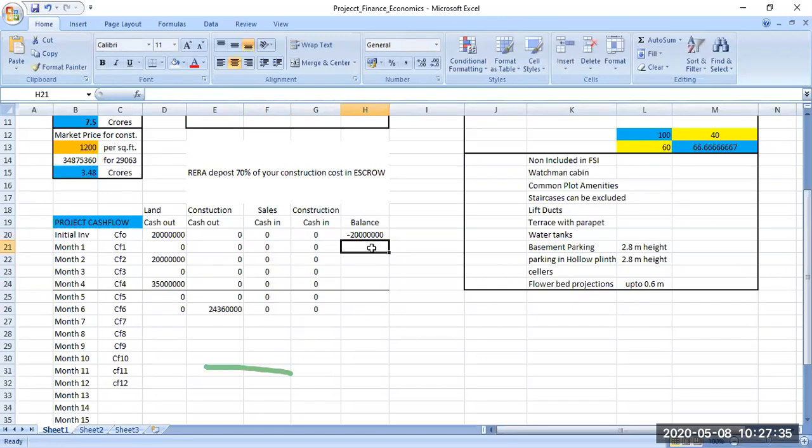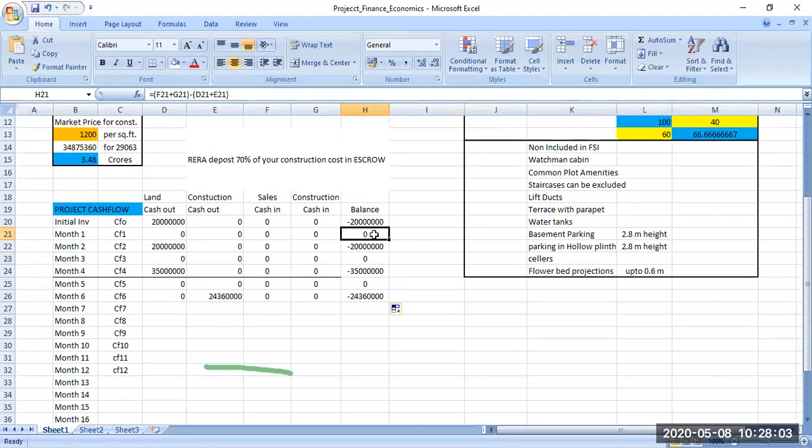I'll just drag this. So our project is technically in minus. And because I want to do this cumulatively, this is what it looks like.